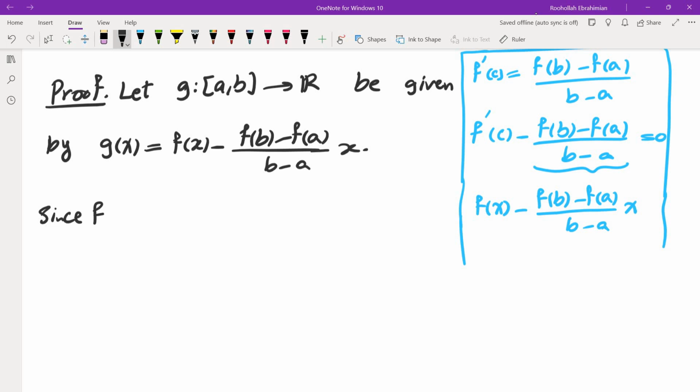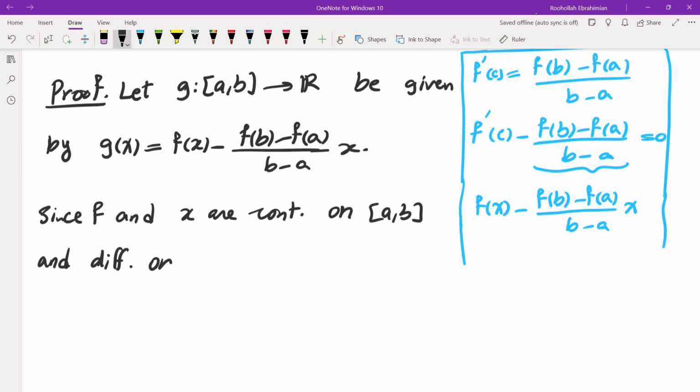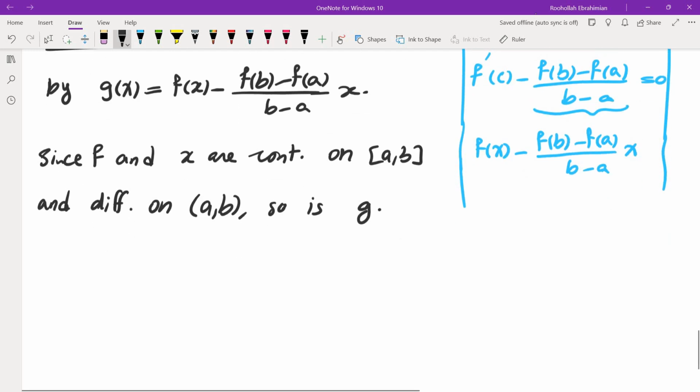Since f and x are continuous on a, b and differentiable on the open interval a, b, so is the function g. So function g is continuous over the closed interval and differentiable over the open interval.